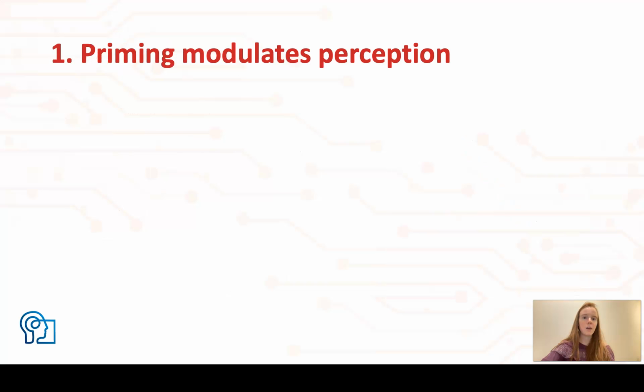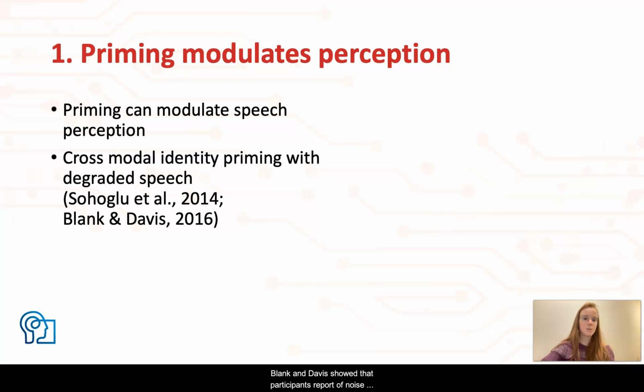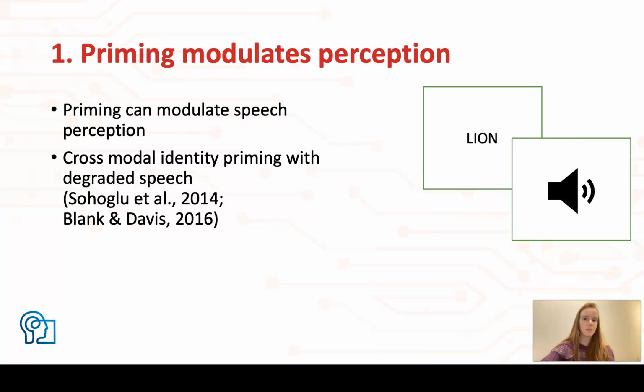Written word forms have been shown to influence identification of spoken words. Blank and Davis showed that participants' report of noise-vocoded speech was more accurate after a matching prime. For example, when listeners saw lion before hearing a noisy lion token, they were more likely to report hearing lion than after seeing a neutral or mismatching prime.